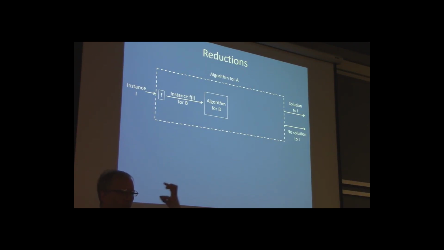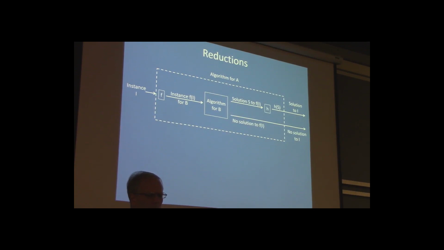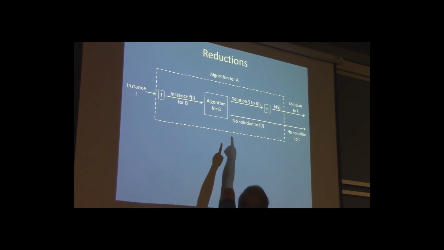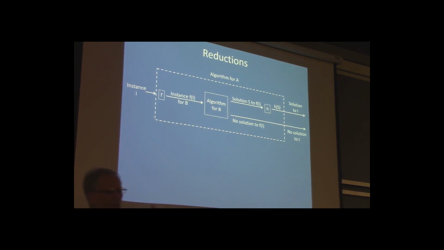So we're going to have some program F that takes I and turns it into F of I. So it takes input designed for A and turns it into input designed for B. And then if B produces a solution, we're going to convert it. There's going to be some program H that takes the solution produced by B and turns it into a solution for A. And if B reports there is no solution, we're going to report there is no solution. So what we've got to put in the box is an algorithm for B, F, which does the conversion going in, and H, which does the conversion going out.